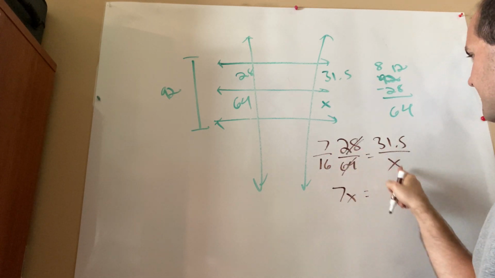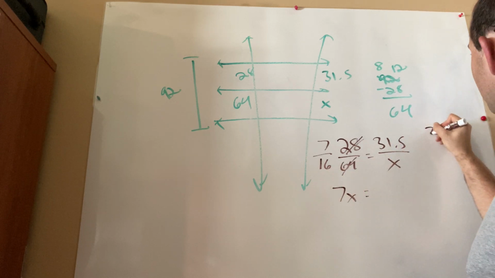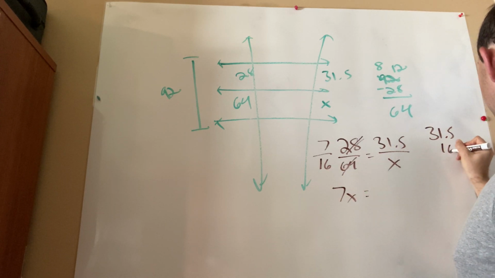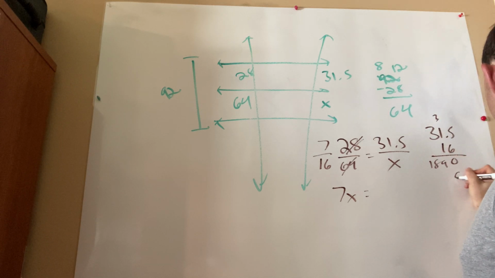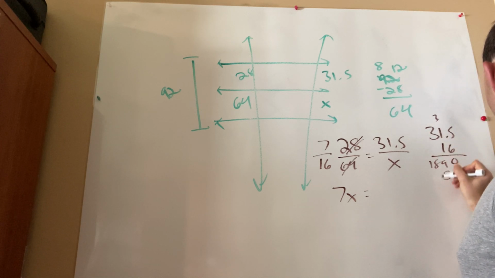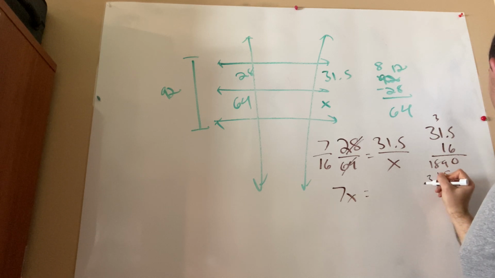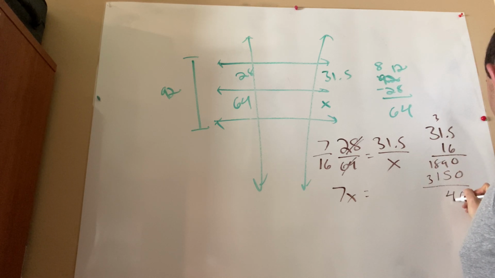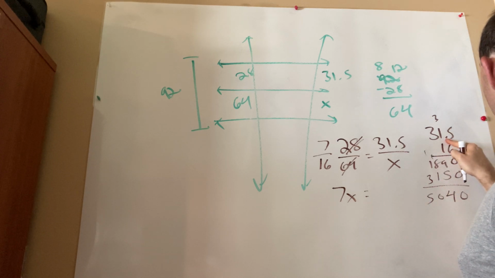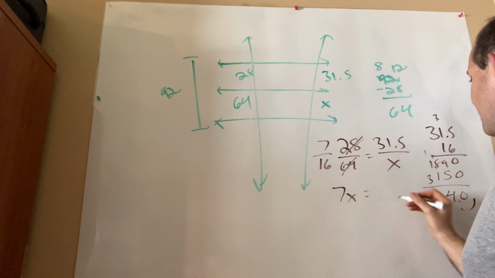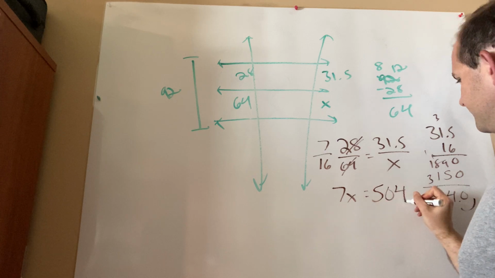And now I'm ready to cross multiply. So 7 times x equals 16 times 31.5. Let's actually work that out the long way. And so I get 504.